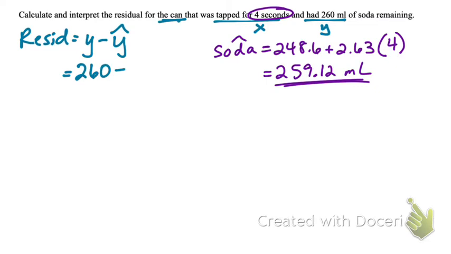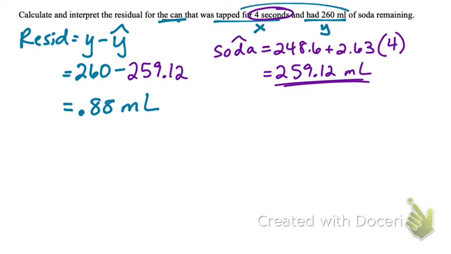Now I'm going to take that prediction and put it into my residual equation. I do that subtraction, and my residual is 0.88 milliliters. Notice that this is a positive number. That means my actual data value, the dot, should be above the line of best fit, or the regression line. What does that mean in context of this problem?